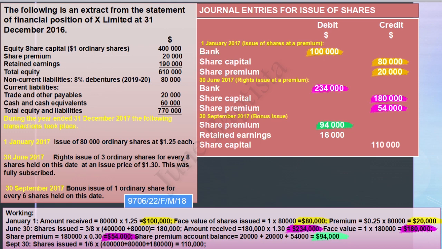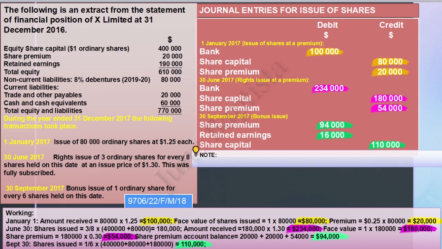Therefore, retained earnings will be debited $16,000 and share capital will be credited $110,000. Remember, the most inflexible reserves are used, that is, the capital reserves are used before the revenue reserves. Therefore, all of the share premium account is used first and then retained earnings.